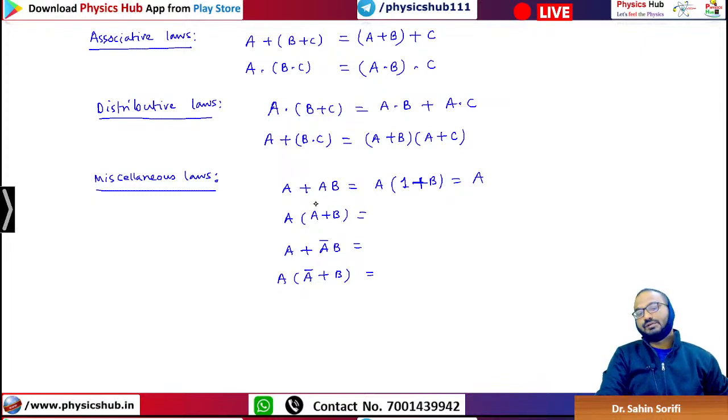Whether A may be 0 and B may be 1, or B may be 0 and A may be 1. So we can just write it as A, right? Try to understand it. A plus B will always be 1 if I consider, and 1 into A is A. If both are 0, then again it equals A, that is 0.